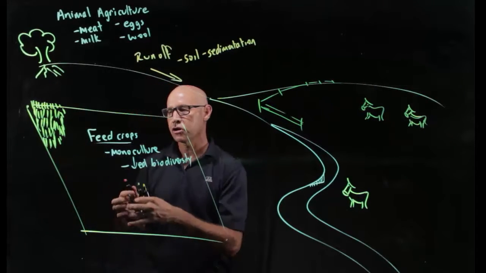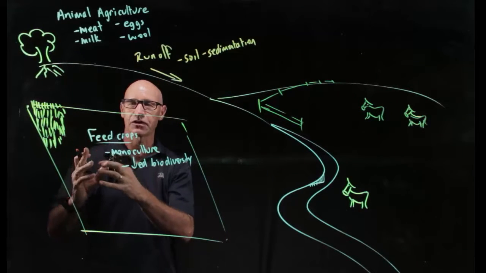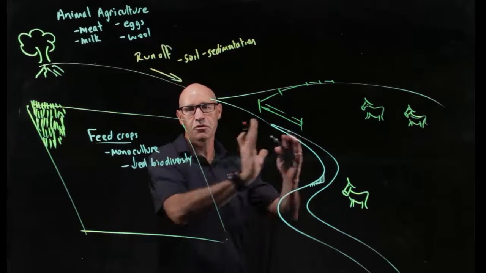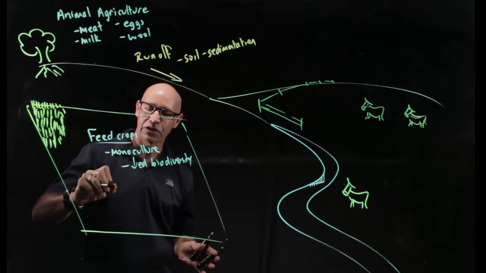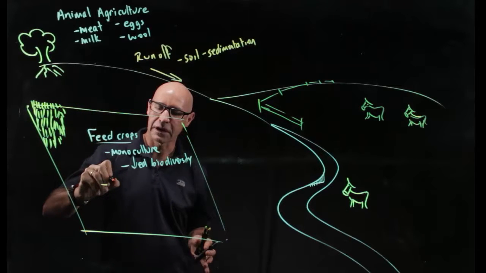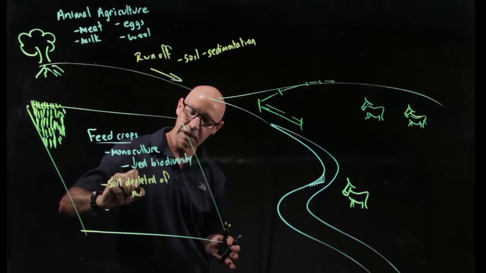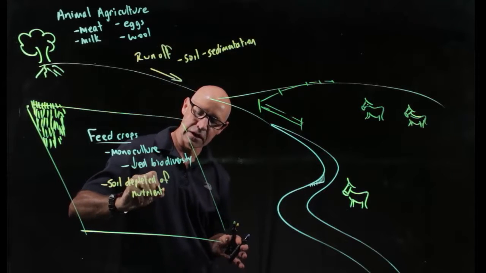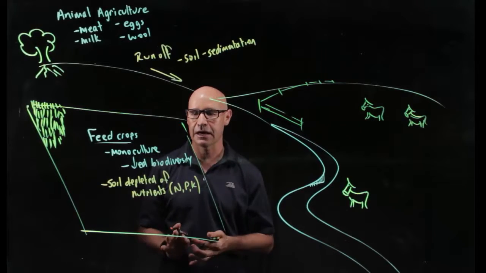One of the things with a monoculture is that once the crop is matured, it's harvested and those nutrients are removed from the ecosystem to feed the animals. So that means that the soil becomes depleted of nutrients. And those nutrients are nitrogen, phosphorus and potassium, NPK.